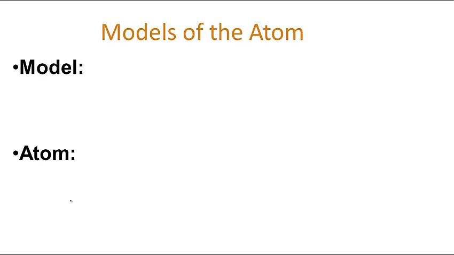So what atoms are for us, they're models. They're a way for us to take what we know right now, the best evidence we have, and put it into an understandable method, or a way that we can better understand the way matter works. So, really, what a model is, is a simplified representation of something more complex.